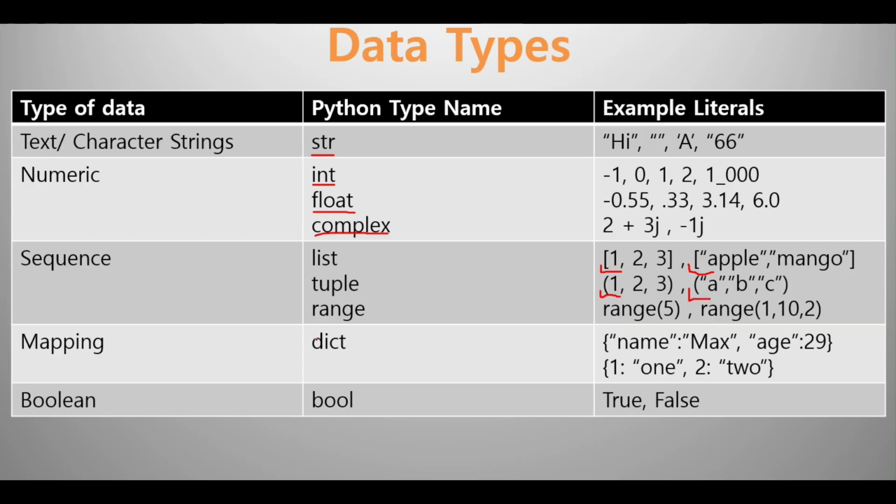Then we have mapping, which the Python data type for that is a dictionary. And then I have an example right here. I have the first one, a name, and the respective data is a string. The name is Max. Then I have age, and then we have an integer numeric data type, which is 29.